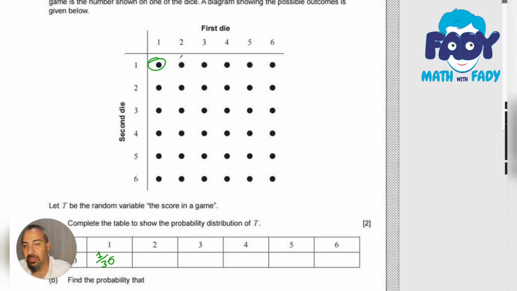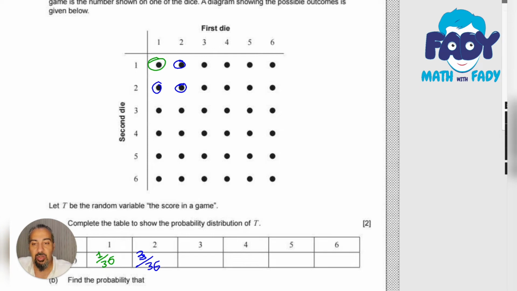To receive a score of 2, this will happen if the first die is 2 and the second is 1, or the first is 1 and the second is 2, or 2 and 2. These are the three options to get a score of 2. So this is 3 out of 36.